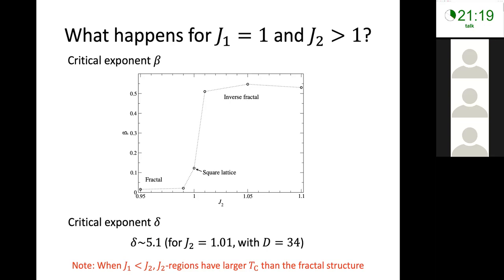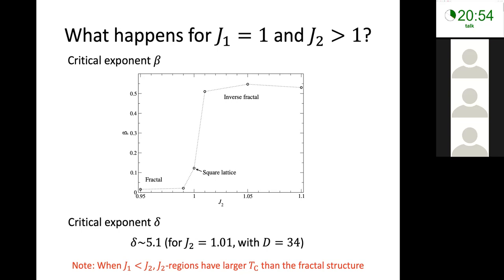There is just a small remark: when J1 is less than J2, the J2 regions actually have a larger critical temperature than the fractal.